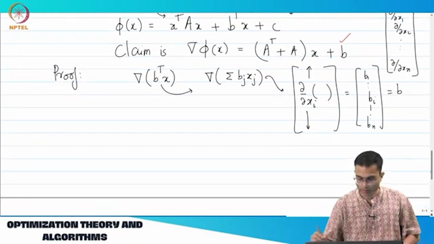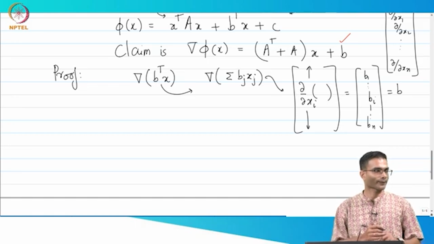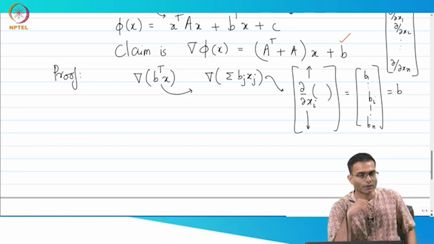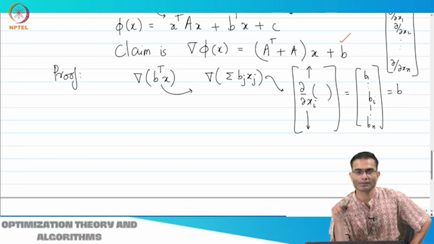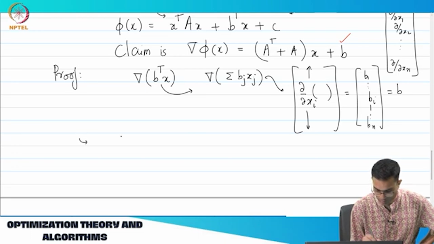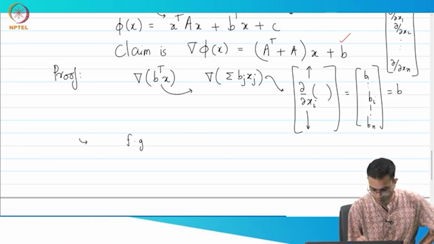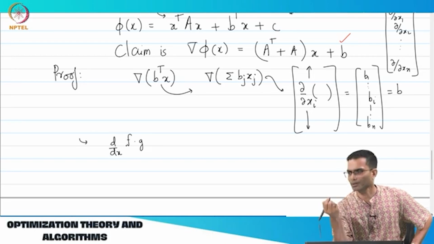Okay. Now we need to look at x transpose ax. Okay. So let's just build some intuition. When you did simple one-dimensional calculus, when you encountered something like f into g and you wanted to do d by dx of this, what did you do? Product rule, you could say, right?